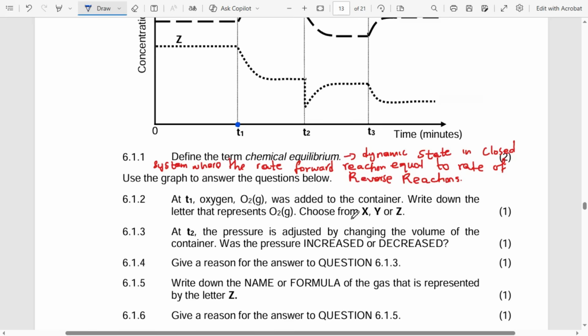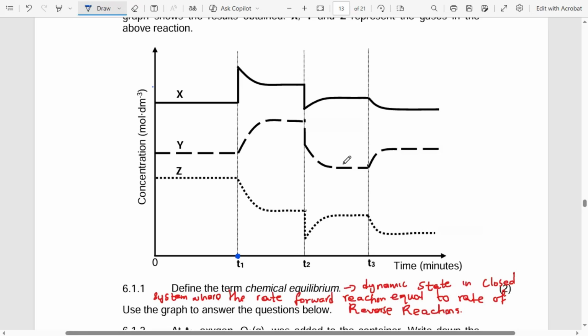When you add a substance, the concentration of that substance increases instantly, meaning there is a vertical jump. At T1, only X shows an immediate increase. Look at X, it is the one that shows an immediate increase, because this is your T1 for X, this is your T1 for Y, and this is for Z. You're going to look for the one that has an immediate jump.